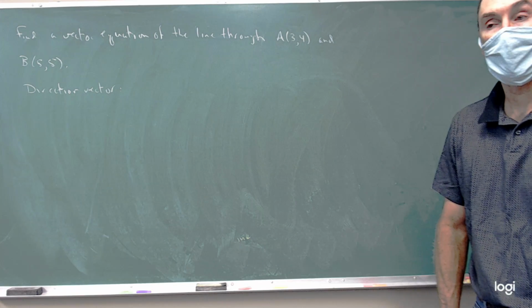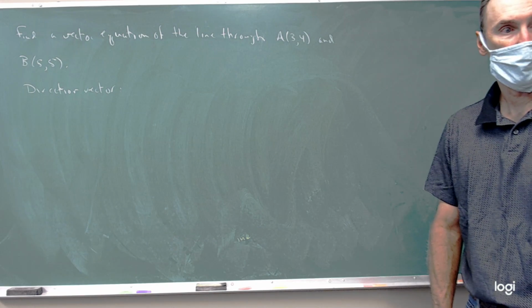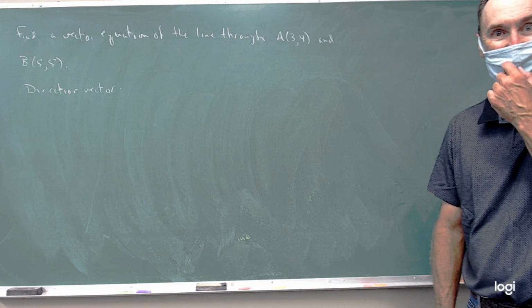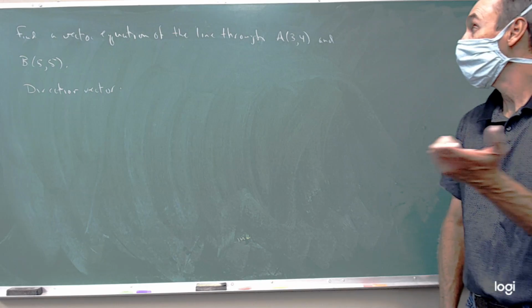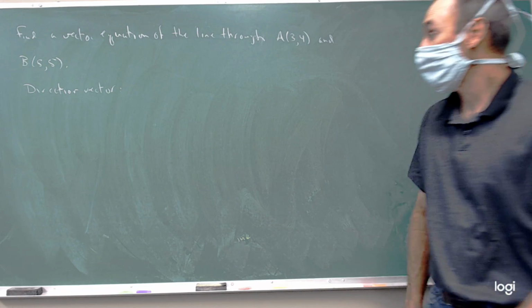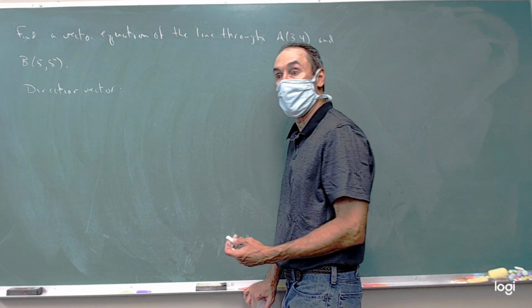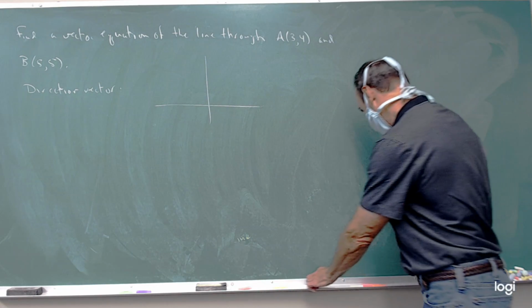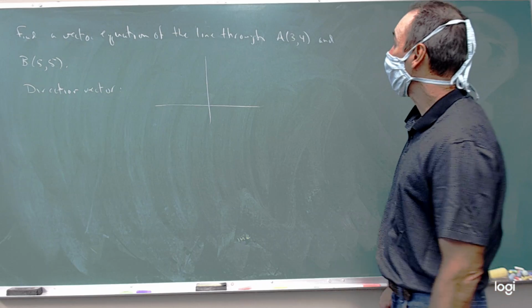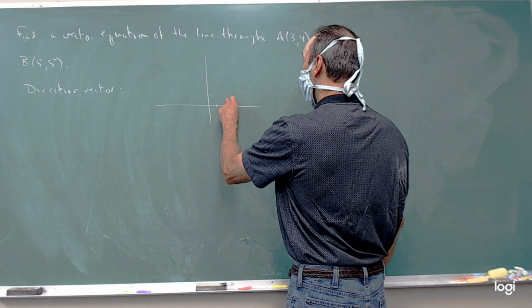Okay, so what do we need? So you did a picture? Will that help? Yeah. Okay, so let's see what we got. Here's our XY axis. And let's say that point A is at 3, 4.